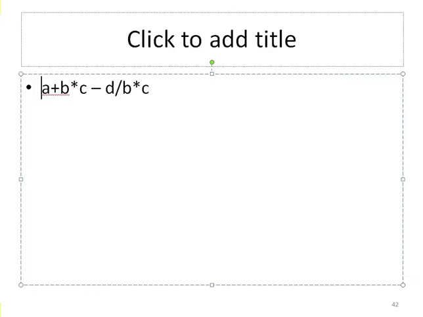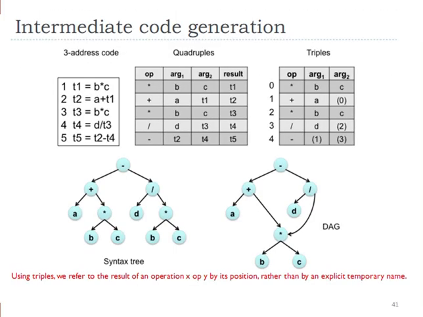So when we are representing this expression as three address code, three address code is nothing but a type of intermediate code in which at most 3 operands can exist, the maximum of 3 operands, including the result operand.